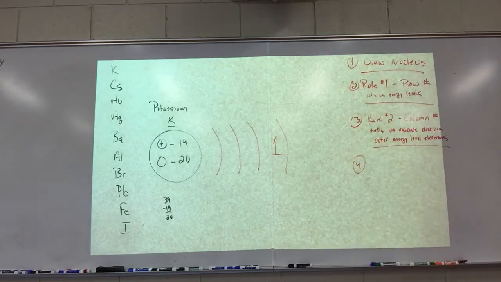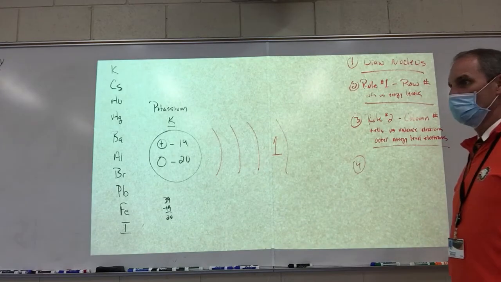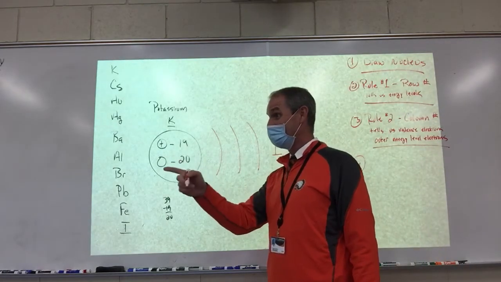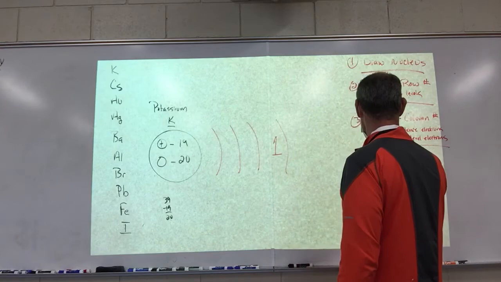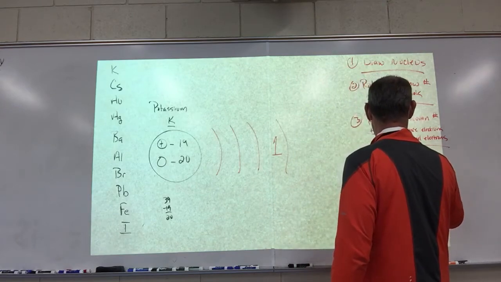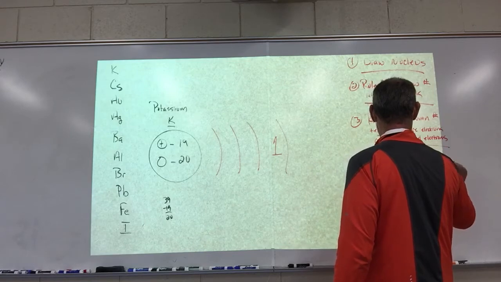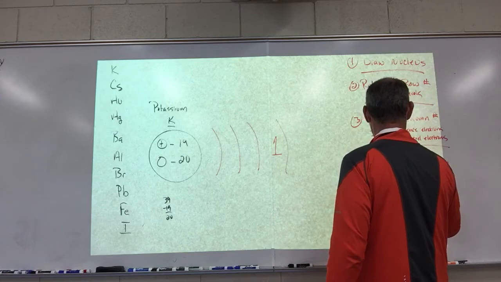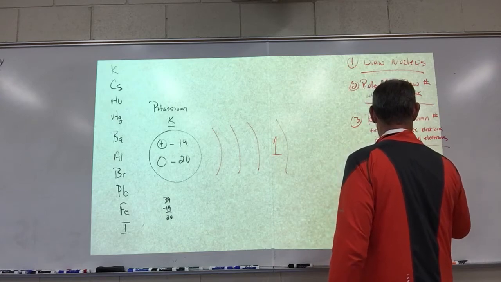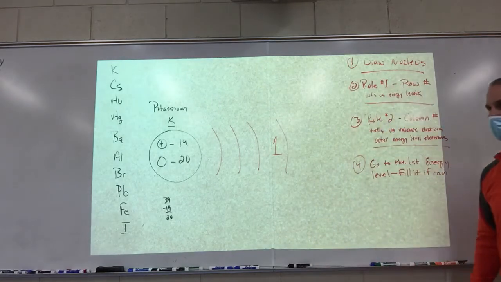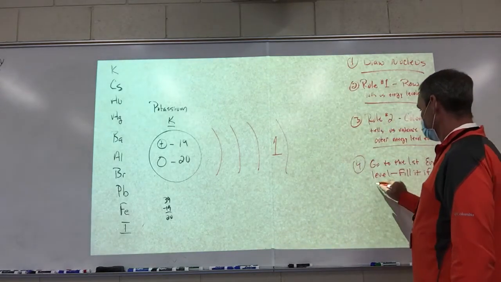Charlie, what do I do next? Go back to the first energy level and fill it if I can. So number 4 is go to the first energy level, which is closest to the nucleus. Fill it if can. Well, first of all, you got to know its maximum. So what do you need to know? The maximum is 2.